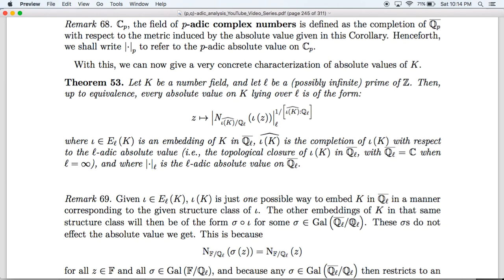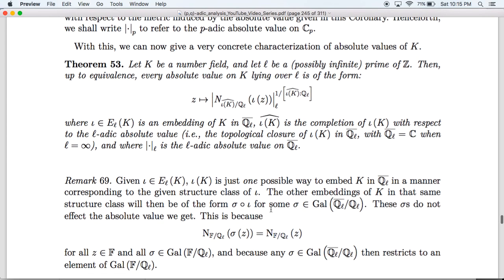And so, once you have one way of embedding K in Q_L bar, you can get a different embedding in the same equivalence class by writing an expression of the form sigma of iota for some sigma in this Galois group. In particular, sigma is going to be an element of the Galois group of the closure of the embedding of K over Q_L.